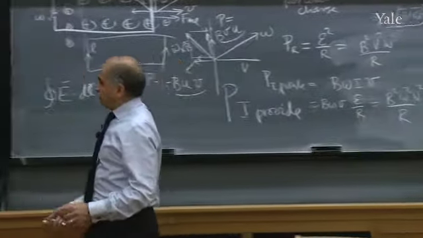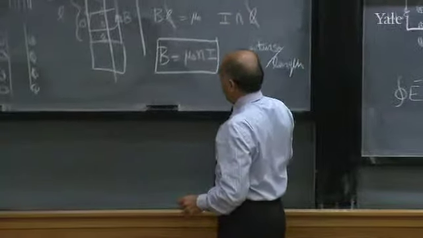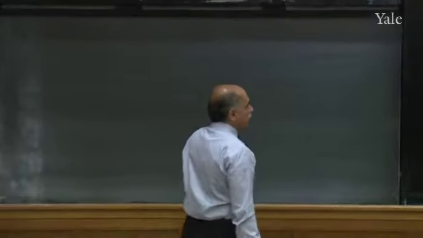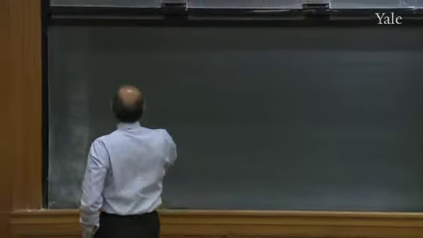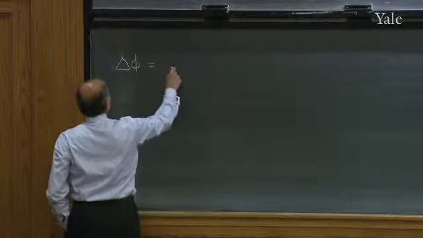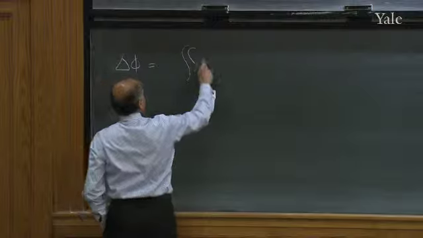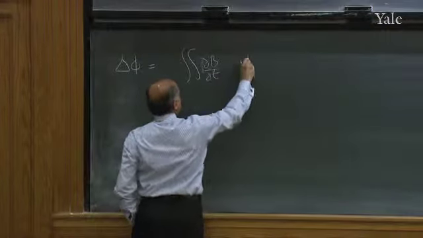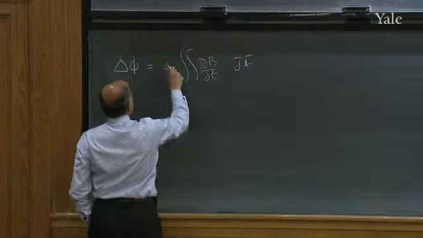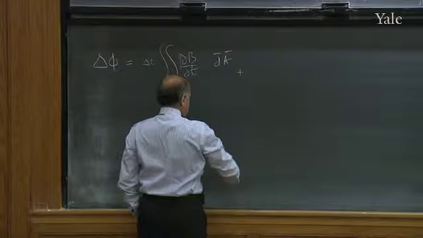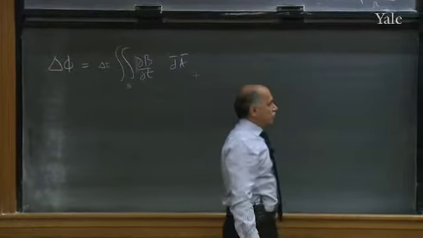So now I have to bring all that stuff over here. I'm going to say the change in phi is equal to dB/dt times dA times delta t on the old surface, plus, here is this stuff we have to do that's extra.